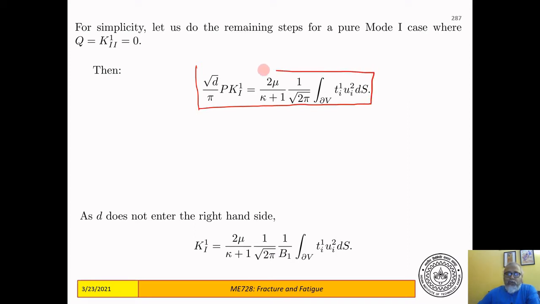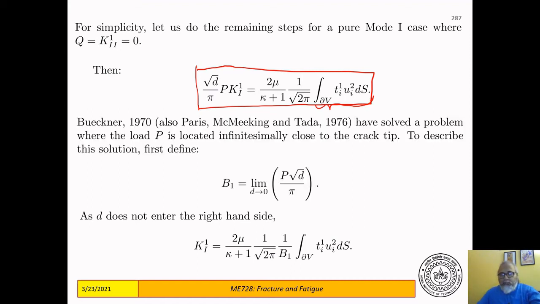Okay, so now to get K11, which is what we want to find, because we already have chosen a case where K21 is equal to 0, we have only K11 to determine. To get K11, we need to determine this integral.